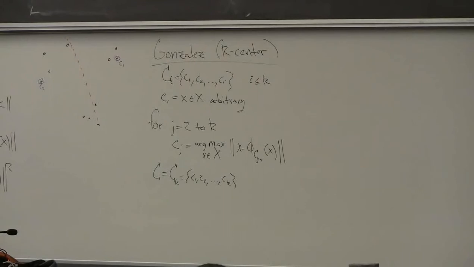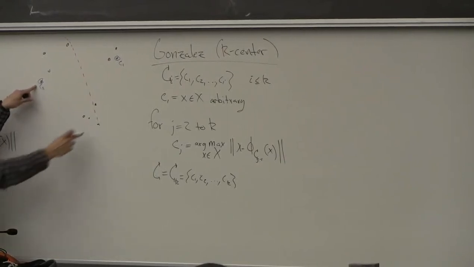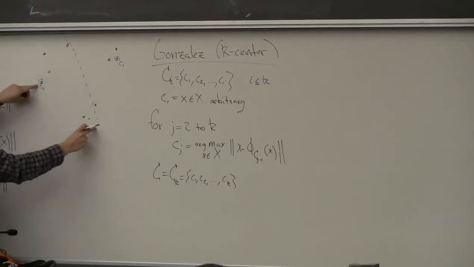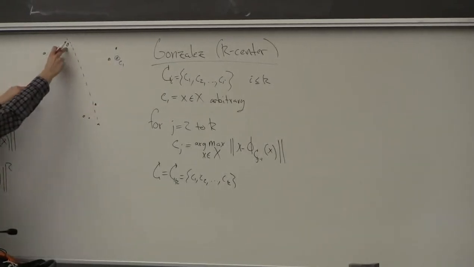If k was equal to 2, I stop. If k is equal to 3, then I look at every point's distance to its assigned center, which is the closest one. So this point to here, this point to here. This is maybe the furthest away point; maybe this one is a little closer than this one.